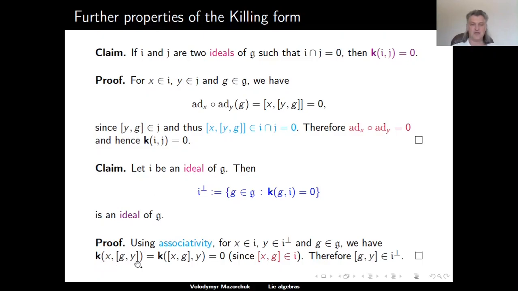Using associativity, we can move the bracket to the left and get the value of the Killing form at the bracket of x and g, and y. So since I is an ideal, the bracket of x and g belongs to I and y belongs to the orthogonal subspace. This implies that the value of the Killing form at these two elements equals 0, which means that the bracket of g and y belongs to the orthogonal subspace of I.